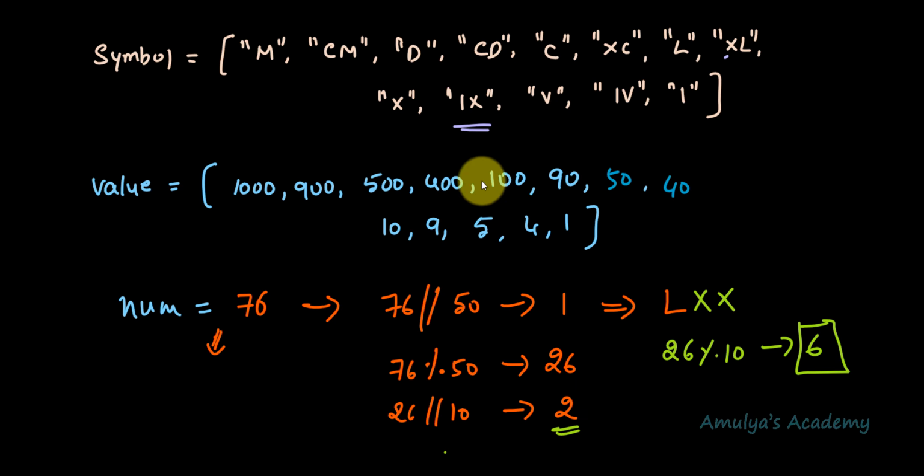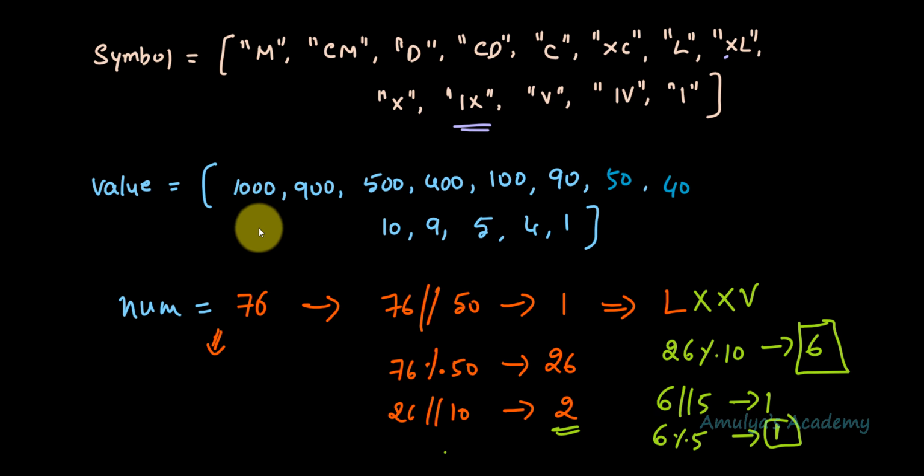Now again I need to check in which range it comes. So 6 comes between 9 and 5. So 5 is the smallest value. So I need to do truncated division on that using 5. When I do that, I'll get 1. So I need to represent 5 one time. So 5. Now I need to perform this, so I'll get remainder as 1. So now 1 is the number. Now I need to check in which range 1 comes.